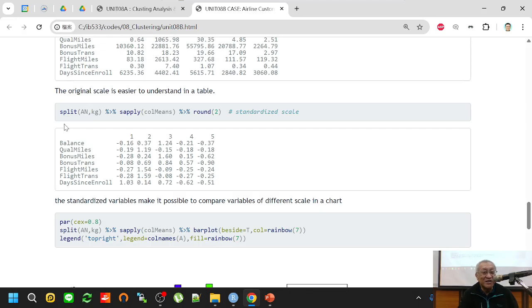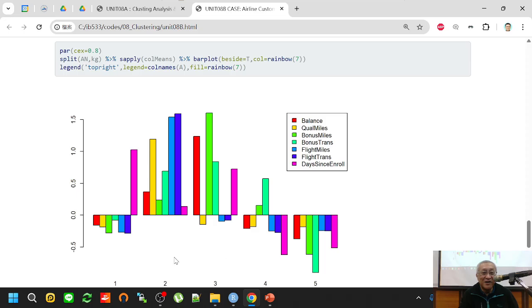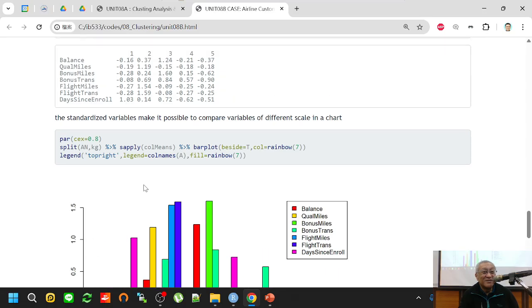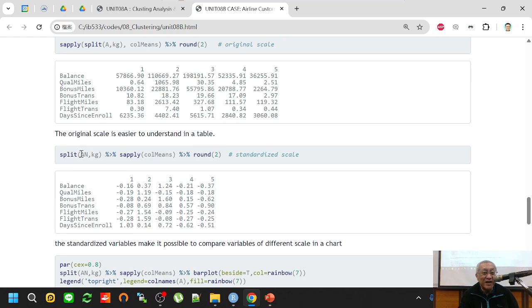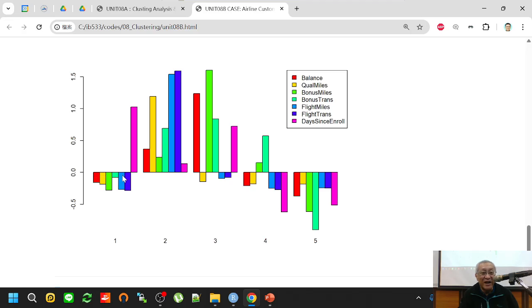Okay, so you can standardize them and then apply column mean, and this is just to round it by 2 decimal points. Then you can plot the bar plot. Because this is standardized, 0 is the average. I told you that this AN is the standardized variable value, and for a standardized value, 0 is the average.